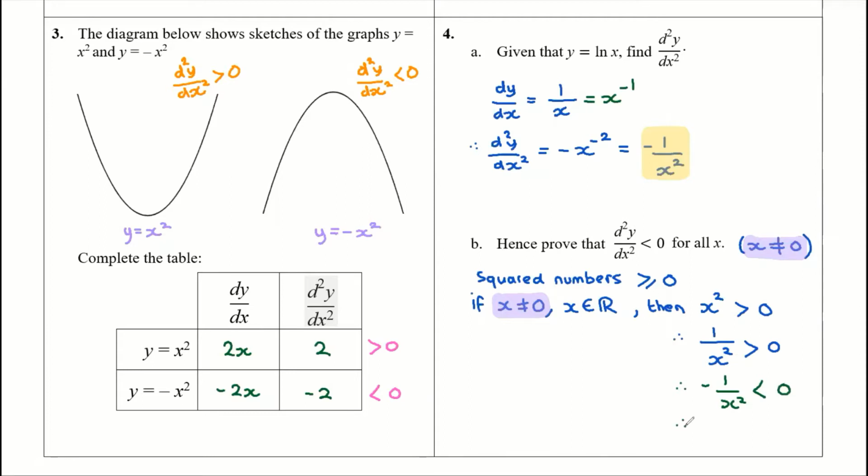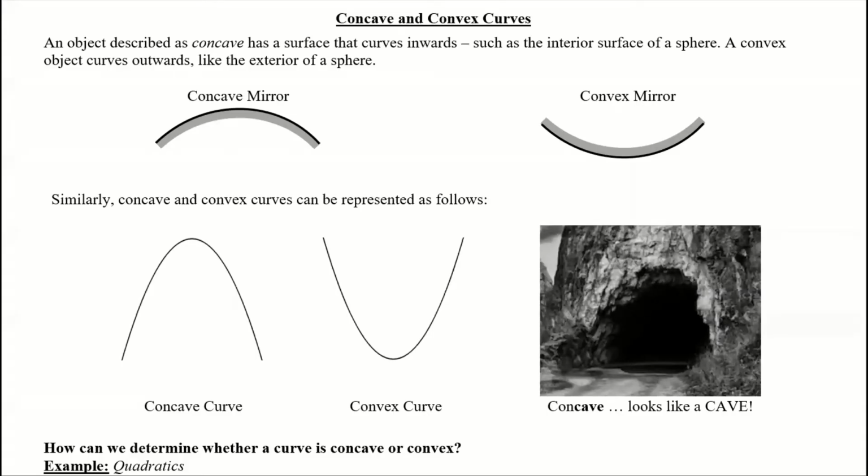That is the same as the second derivative, so therefore d2y by dx squared must be strictly less than 0 as required. So that's just something to bear in mind. Just keep an eye on these squared numbers. Note that they are always positive.